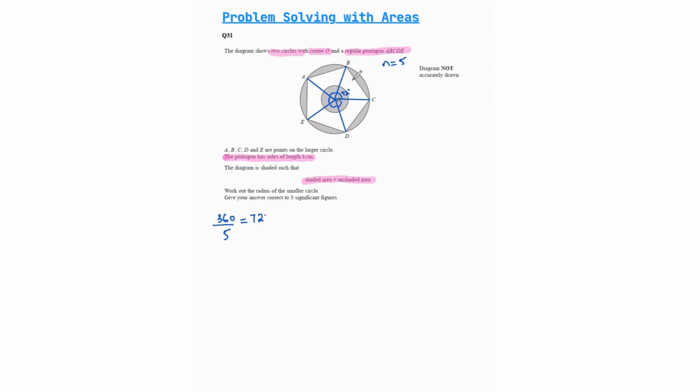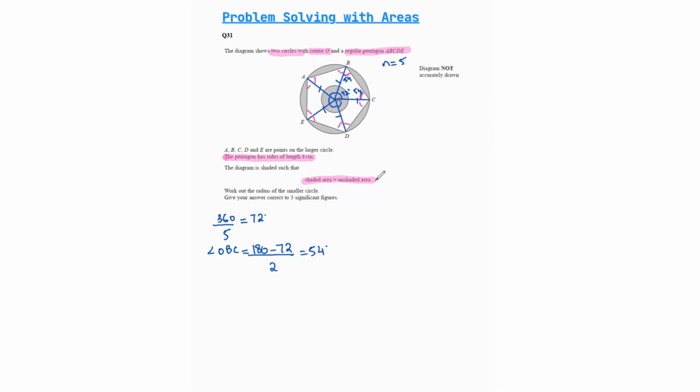Once again, it's a regular pentagon. That means these lengths are also going to be equal. So we can find these angles as well. So for angle OBC, that's 180 minus 72 divided by 2. That's 54. So that's 54. And it's going to be the same for all of them. So let me color code that. These are all the same.